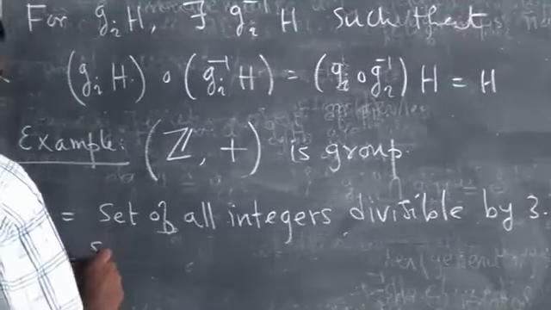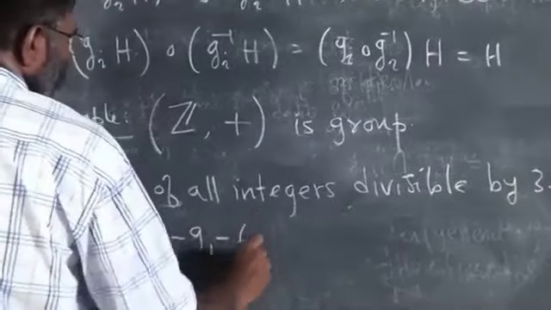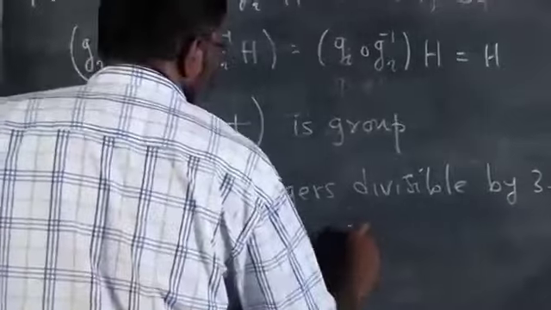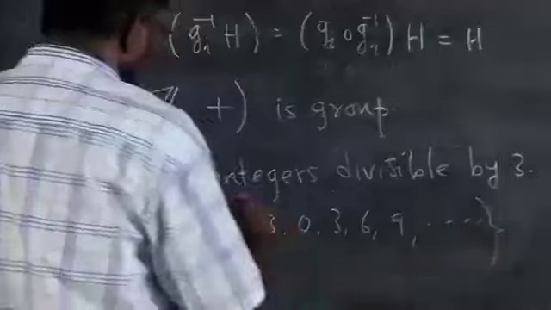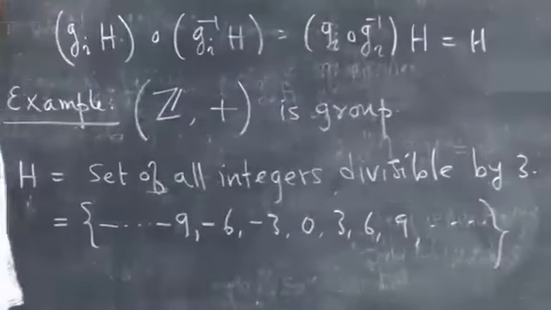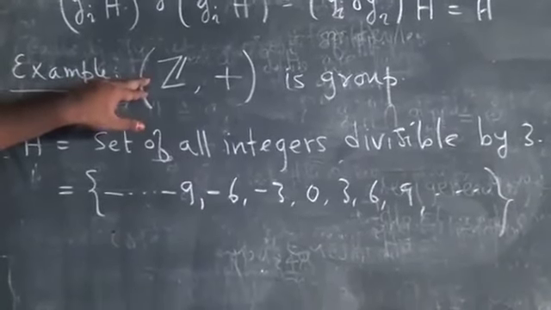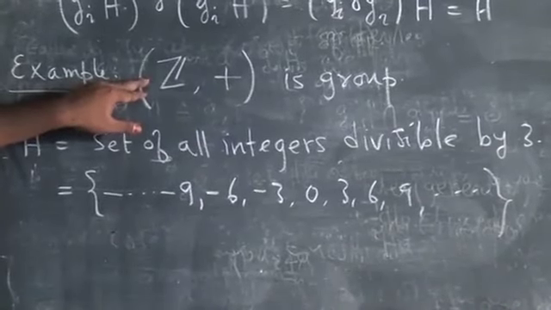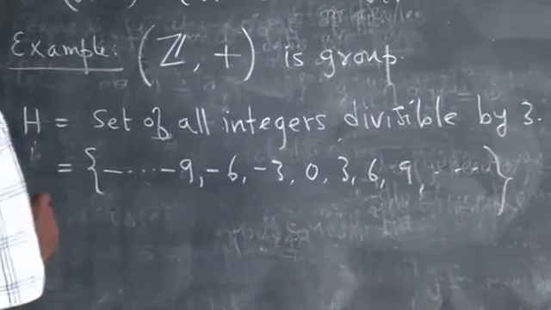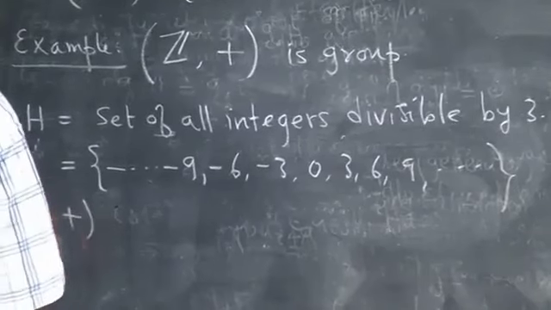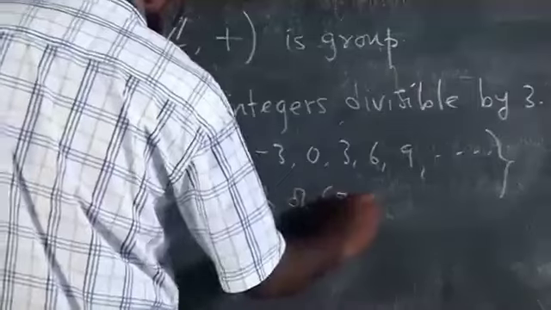This set is equal to minus 9, minus 6, minus 3, 0, 3, 6, 9, etc. These are all divisible by 3. Is this a subgroup of this under the same addition? It's a subgroup, correct? So H plus is a subgroup of Z plus.